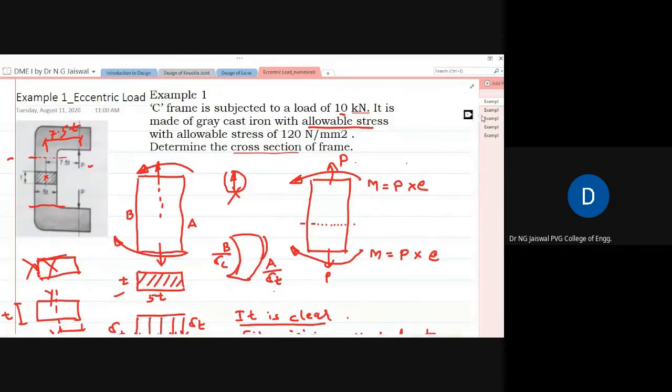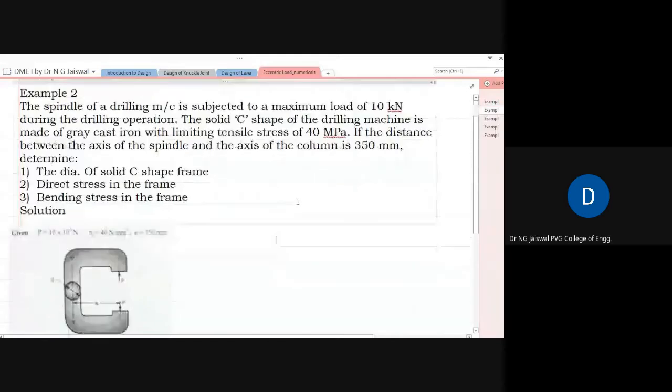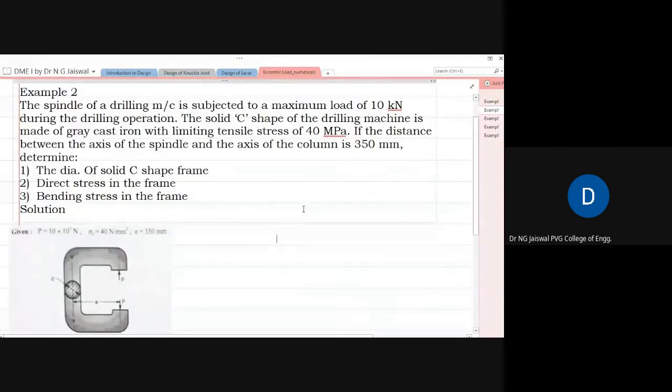Now, all of you, I want you to solve another complete problem and give me a solution. What is the problem? A spindle of a drilling machine is subjected to a maximum load of 10 kilonewton. So this load P is equal to 10 into 10 to the power 3 Newton.